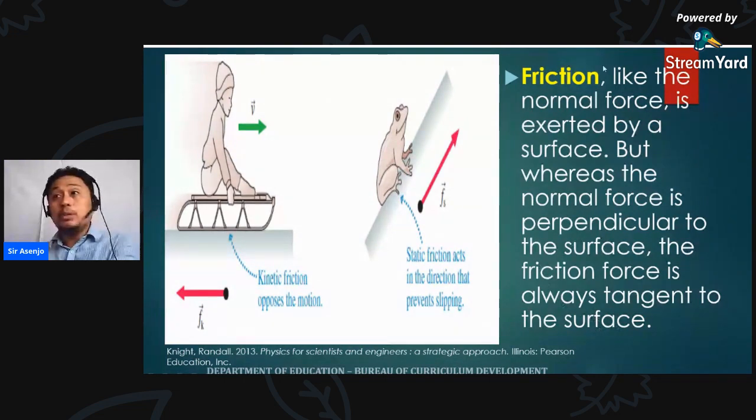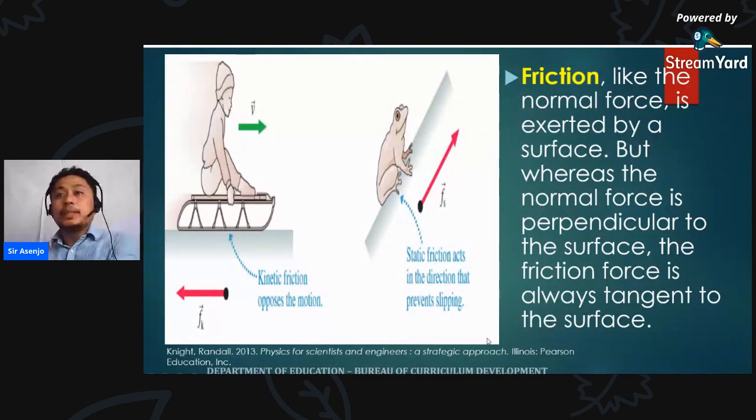But they have the same agent, the surface of the object. The similarity between friction and normal force is the agent. Both have the surface of the object as the agent, but the difference is that the direction of the normal force is perpendicular to the surface, while for friction the direction of the force is tangential to the surface.